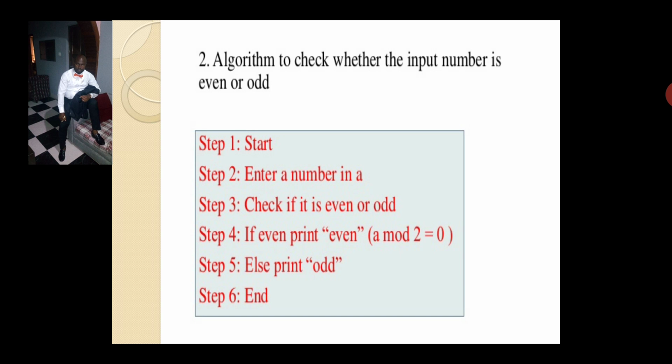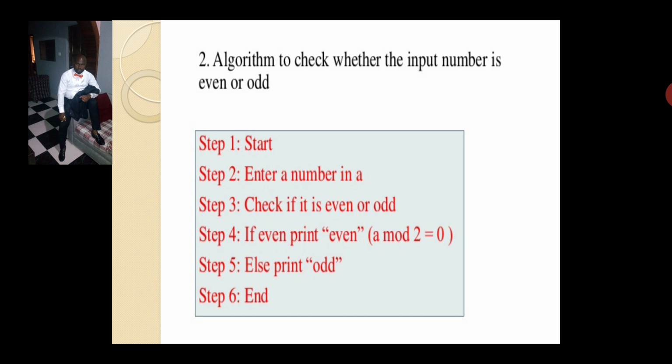Now step 4, if even, print even. You see that? If even, print "even" in quotes. Now you see in brackets, you see A mod 2.